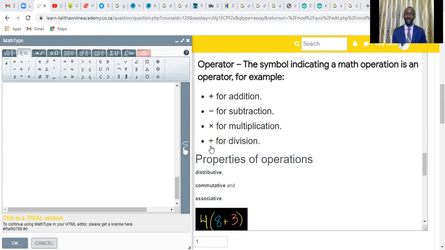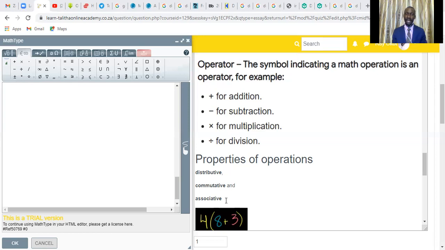We will break these properties of operations into the distributive property, that is like spreading it out, the commutative property, and then the associative property. These are the three major properties of operations. All three will make sense as we begin to discuss them.